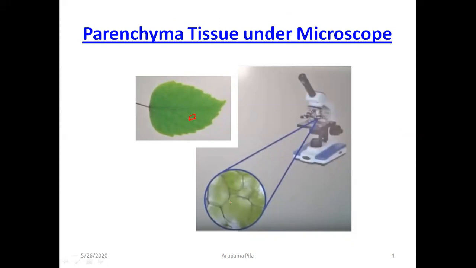Here we can see the parenchyma cells, and the space present between these cells is known as intercellular space. You can also see the shape of the cells.